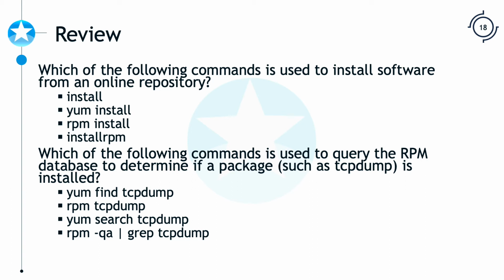Is it yum find TCP dump? In our example here, we're using TCP dump. Is it RPM TCP dump? Yum search TCP dump? RPM -qa pipe grep TCP dump? Think about this for a second, refer back, and once you've figured out the answer, go to the next page.